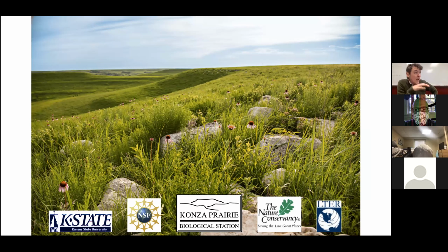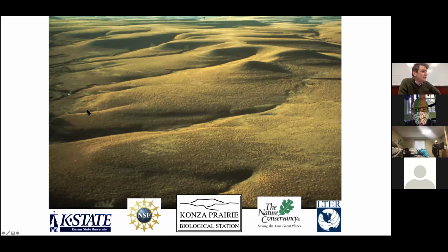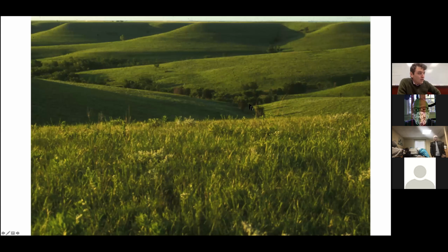So what you have is a flat landscape that's dissected by these streams that create the valleys and give you that impression of the hills. Down in the valleys, where the water flows, you can see that it's not just grass, right? There's some woody growth. There's trees and shrubs that grow in the valley where water availability is higher.